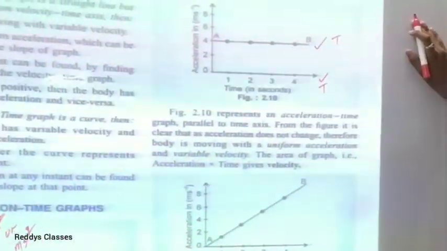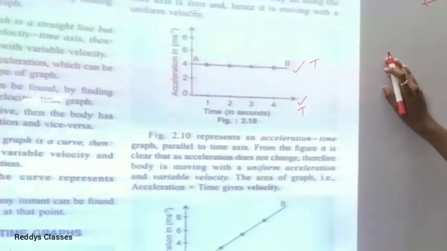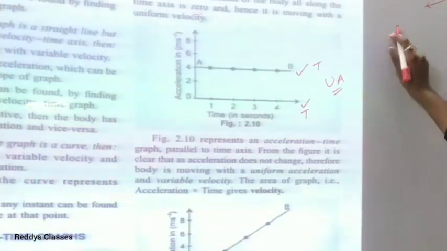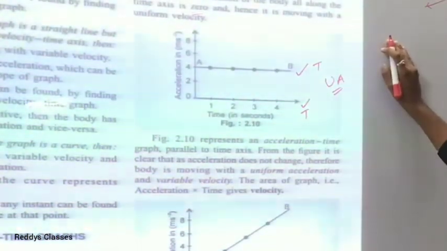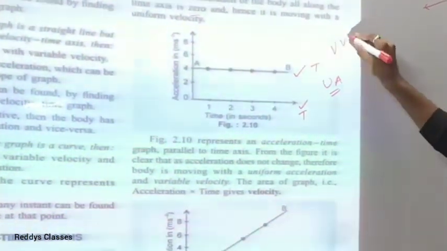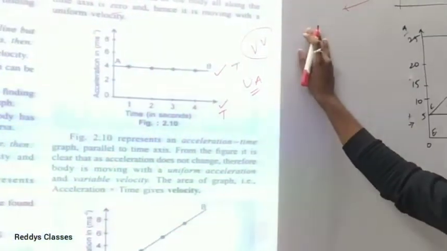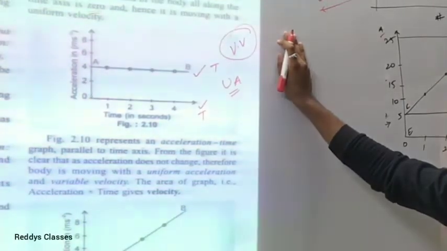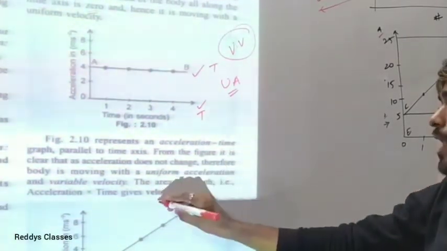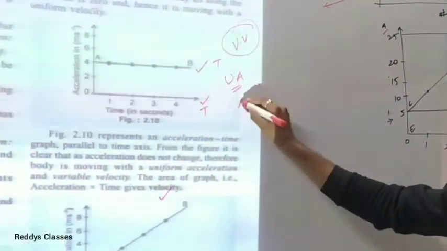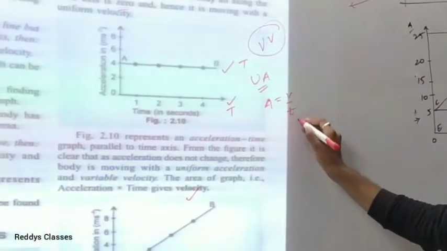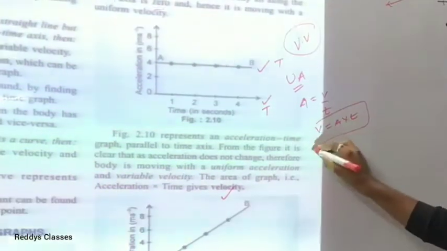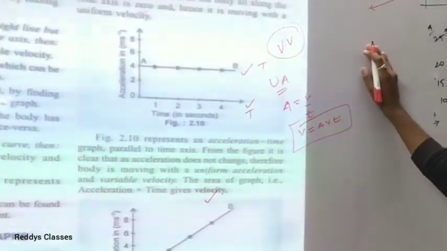From this figure, it is clear that as acceleration does not change, the body is moving with uniform acceleration but variable velocity. Its velocity may change but the acceleration is uniform. The area of the graph, that is acceleration into time, gives velocity. Using the formula you can come to this conclusion.